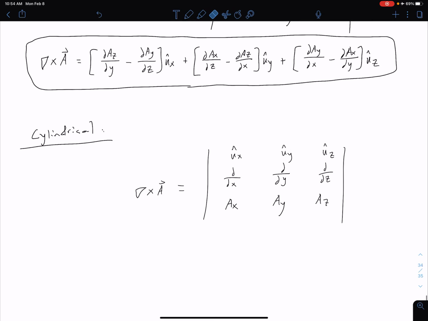First of all, this is no longer going to be our x, y, and z components, but rather our rho, phi, and z components. We're also multiplying this phi component by rho. And now instead of partial derivatives with respect to x, y, and z, we have partial derivatives with respect to rho, phi, and z. And based on the derivation that we didn't look at, we also have this 1 over rho term out front.